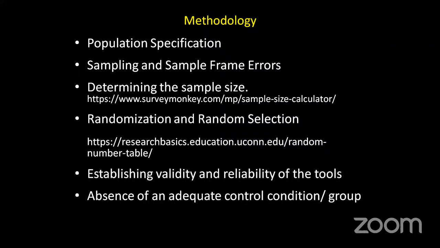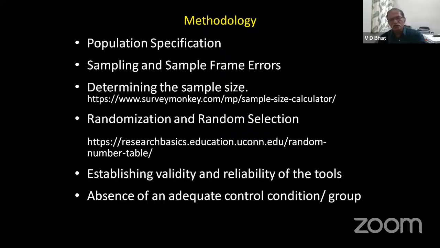Even when you are selecting a tool, whether the tool is reliable. Suppose I have developed a questionnaire. Whatever I have written may not be valid. So what I should do is, I should establish the validity and reliability of that tool, right? You have 4 types of validity: content validity, construct validity, concurrent validity, and predictive validity.